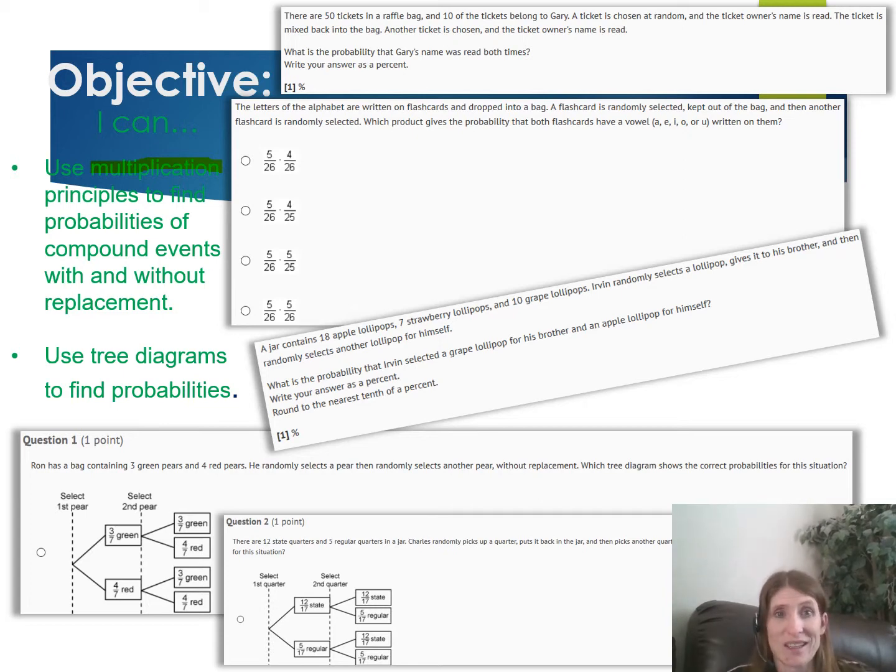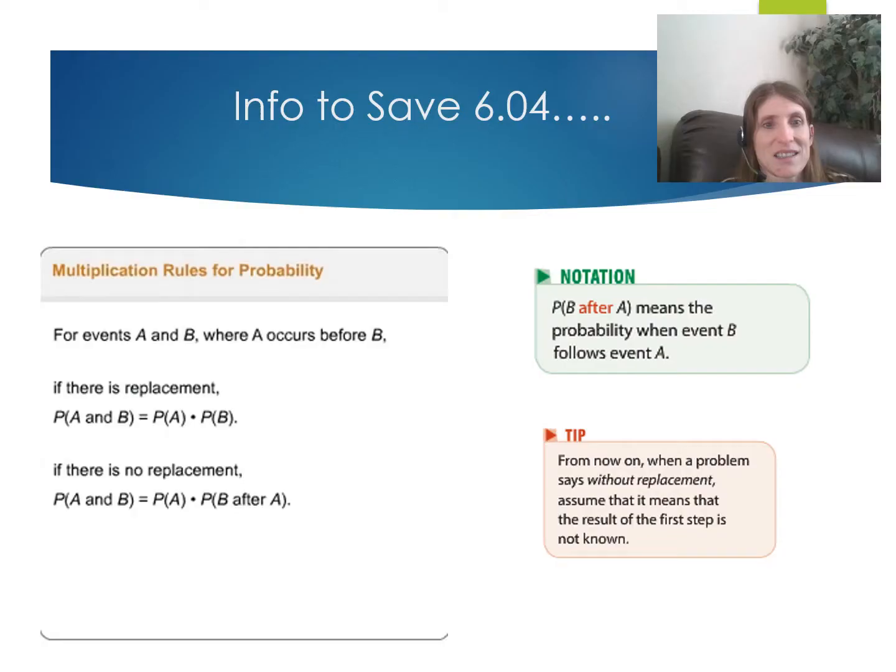So when you look at some of these questions, you're going to see lots of words, lots of answers that look like this with a percentage, okay? You'll have a couple of tree diagram ones like you see here on questions 1 and 2, and they're asking you certain probabilities about those. With that being said, let's continue on.